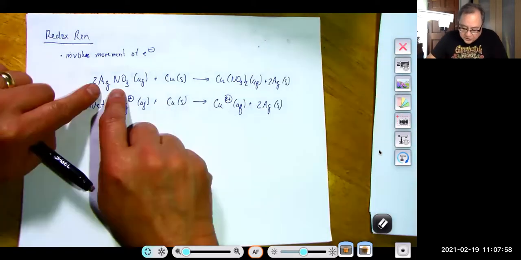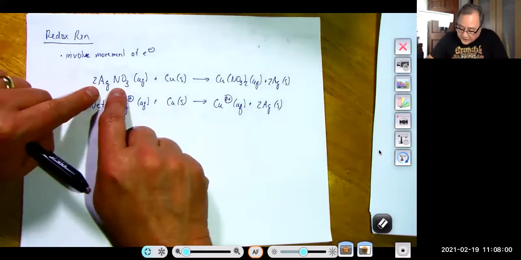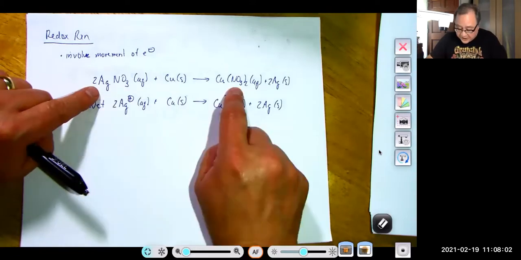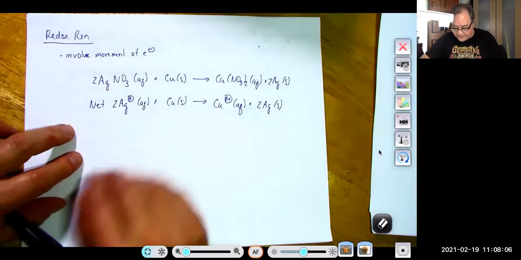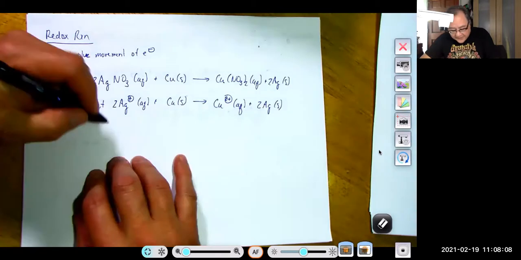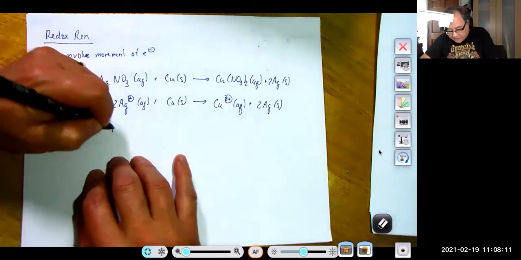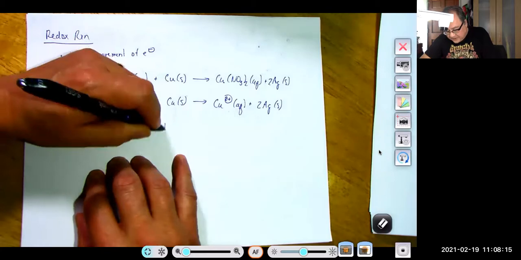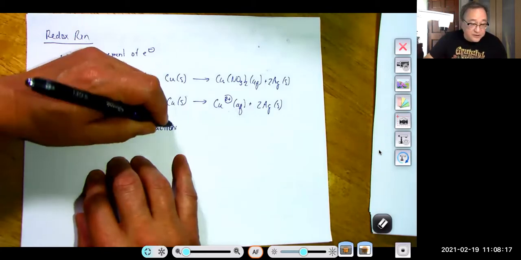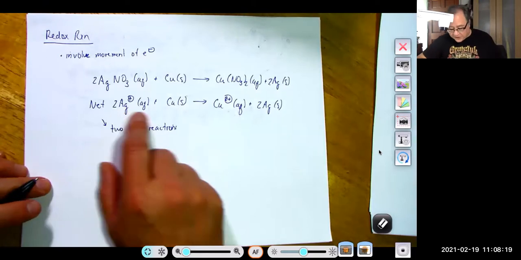Here, the nitrate ion is always soluble. The nitrate ion is always soluble. It doesn't change, so it doesn't belong in the net. So this is the net. And the net actually, in this case, has 2 half reactions. One reaction focuses on silver and the other focuses on copper.